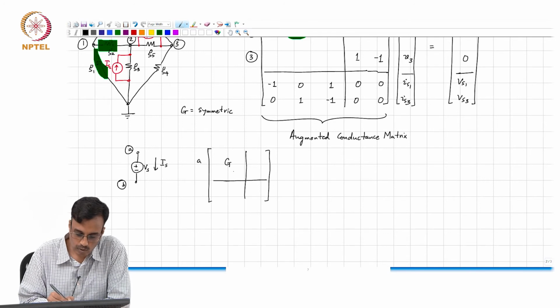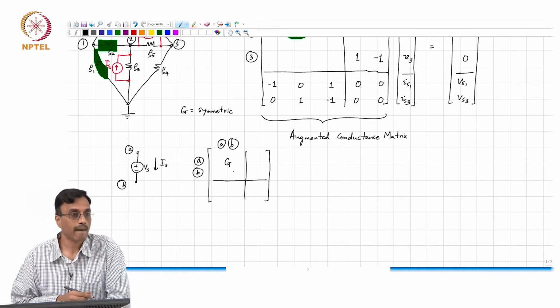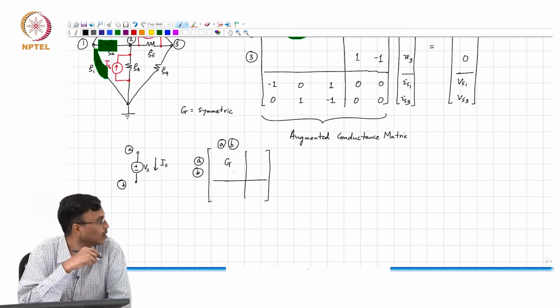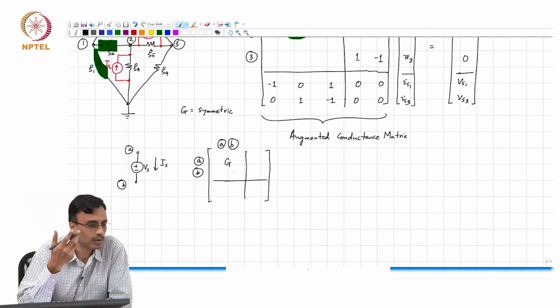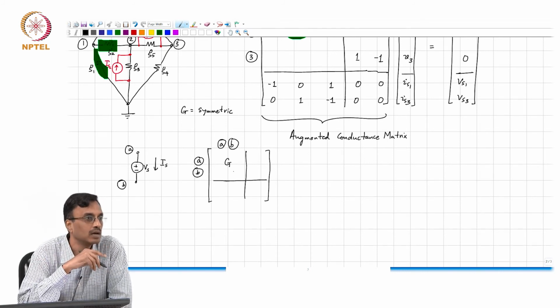the a-th row, b-th row, a-th column, b-th column. So, what should you do? What did we do when, and remember, you should be familiar with this stuff so that you'll be able to look at a network and write down the equations without the matrix, without having to go through the whole thing.